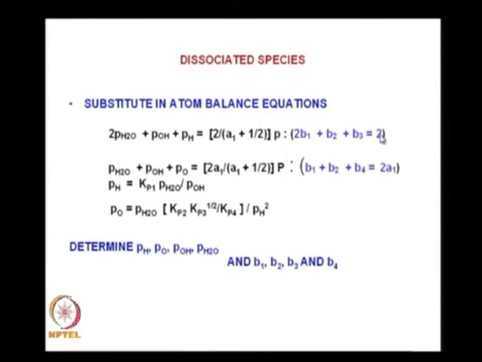I think this should have been 1 here and this should have been 2A1. Similarly, I get from the other relation PH2O plus POH plus PO is equal to 2A1 divided by A1 plus half, into the value of P over here.